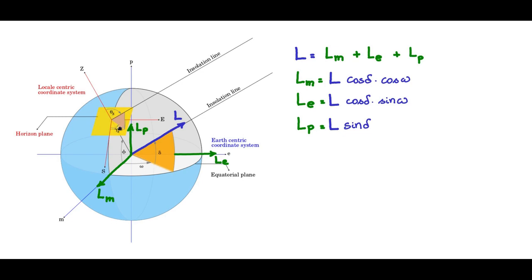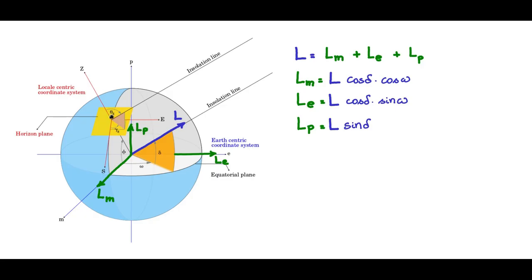Because the local centric coordinate system and the earth centric coordinate system have different origins. So one assumption that we can make here is that the radius of the earth is very small compared to the distance from the sun. So in addition to the insolation lines being parallel, they can be merged.